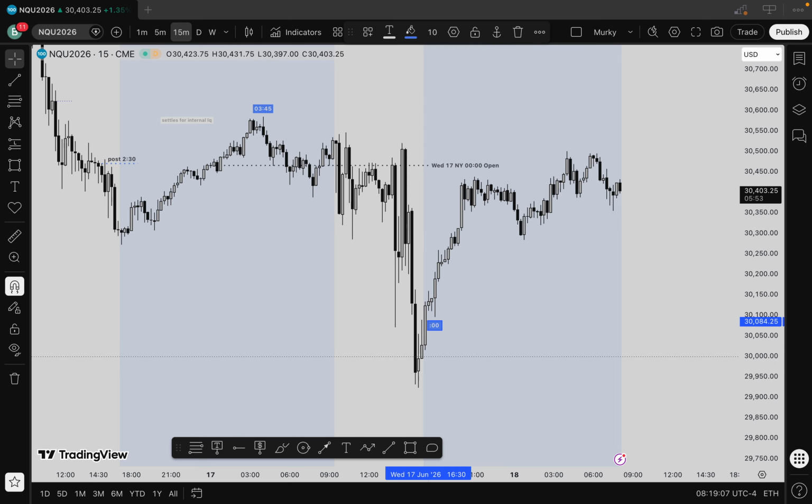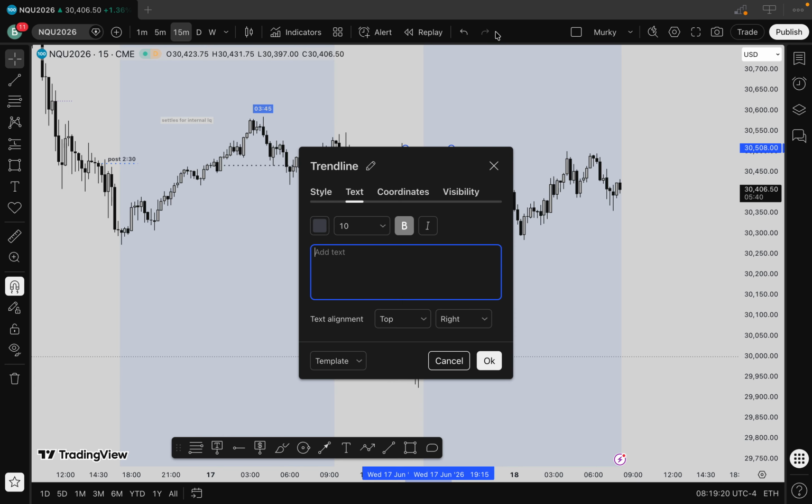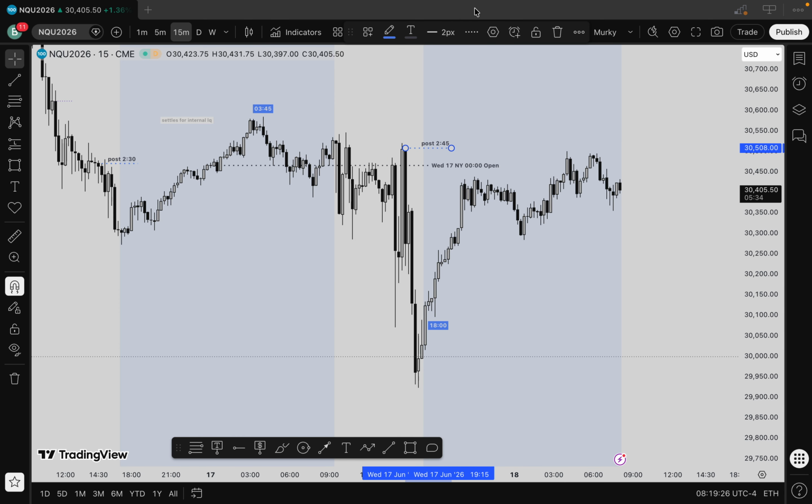And then the previous day 245 candle, I have to label that. Then the post 245 level. It's not been paged, so I'm going to use a straight line. I use the dotted line when it has been paged, but it's not been paged, so I'm going to use a straight line. It's intact.